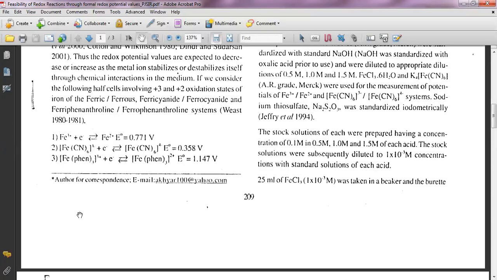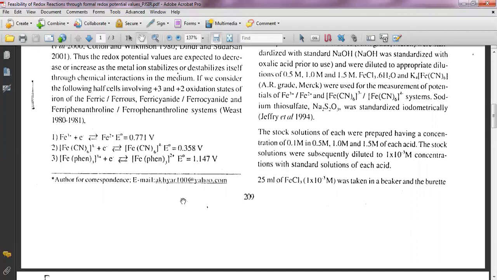I am going to teach you what is happening over here, and then we will use this knowledge to clear our second objective. So this is the bare iron metal, and its potential is 0.771. In the case of the iron cyanide complex, the potential is 0.358. That means it is less compared to the bare iron.